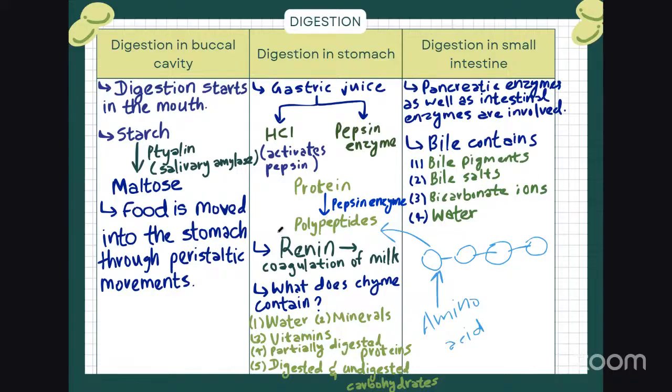Then finally, there's something called renin. The renin enzyme is also present in our stomach, but only for a particular time of our life. It's not always going to be present there, and it's going to be helping us with the coagulation of milk. So, may I know during what time period are we going to be having this renin enzyme within us?